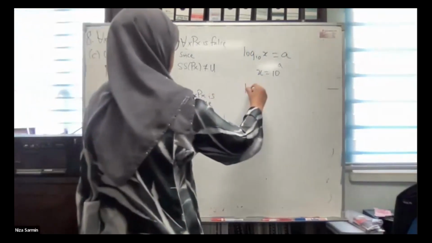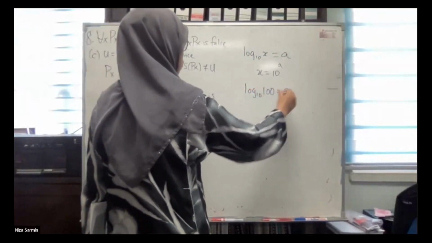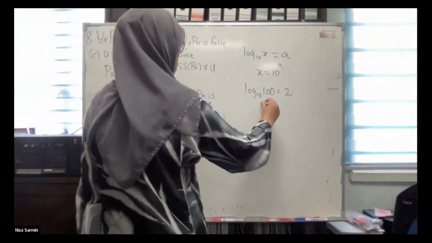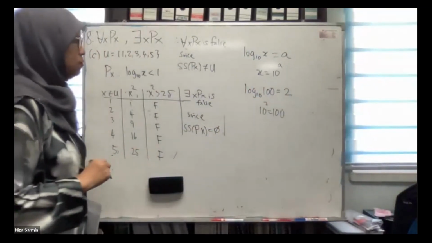That's why you have like log base 10 of 100 is 2, since 10 squared is 100. I think we learned this before.